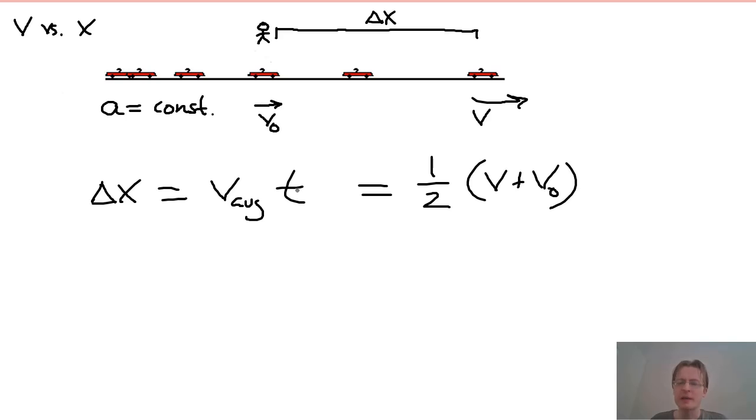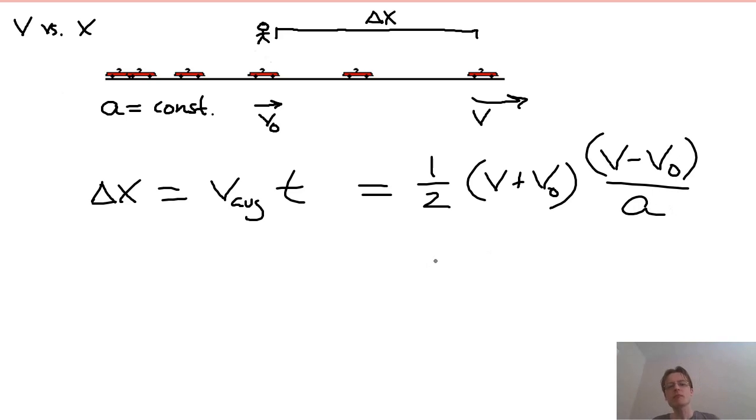It's accelerating, so I can find the time by just taking delta v, v minus v naught, and dividing it by the acceleration. So there I've subbed in for the average velocity and the time it takes to reach that final velocity. The expression simplifies down. I get 1/2a times v squared minus v naught squared.